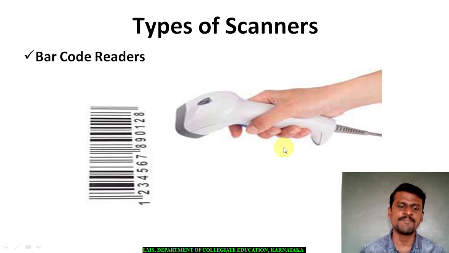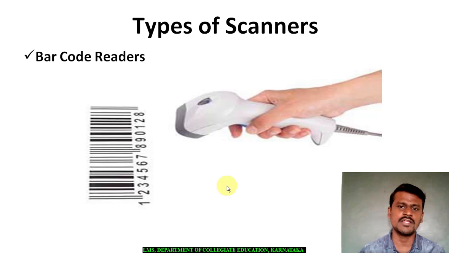That is, if a barcode is attached on every book in college libraries, that barcode represents the type of the book, the name of the book, the author of that book, and the price of that book, which will be stored within this barcode, so that the librarian directly scans this barcode reader.